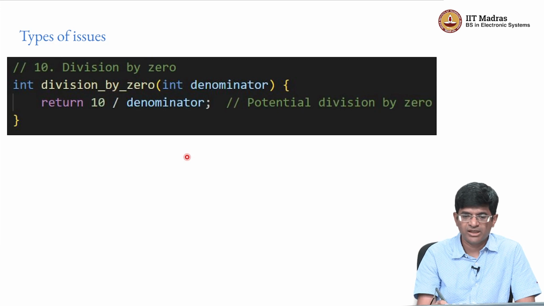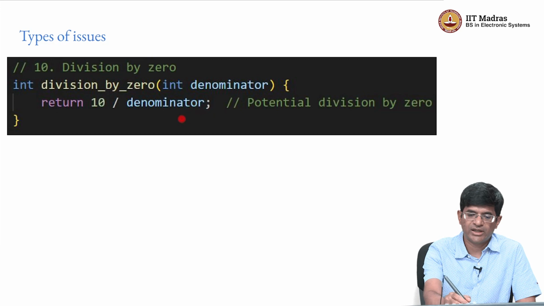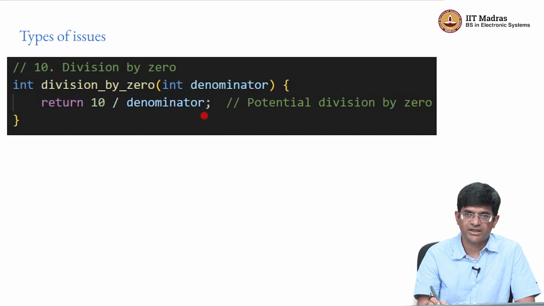And of course a similar thing could happen with division by 0. Depending on the value that is actually passed into this, you could end up having a division by 0. Now will this necessarily be an error? These kinds of things depend on the flags that you have set for your compiler. Should you even flag this as an error, or should you just say, hey, we'll assume that the user knows what they are doing?